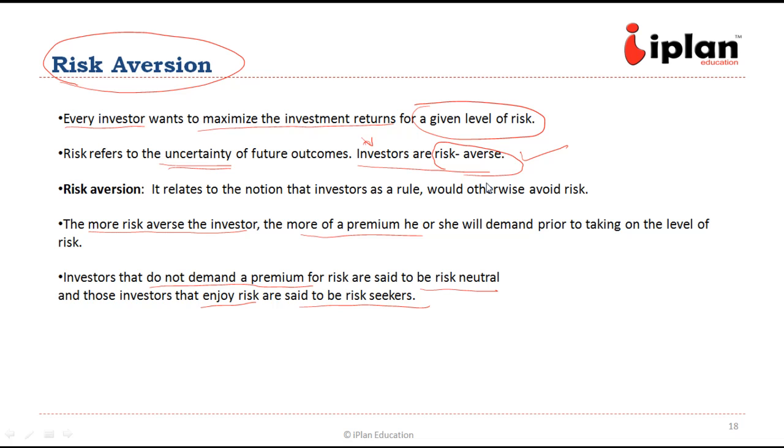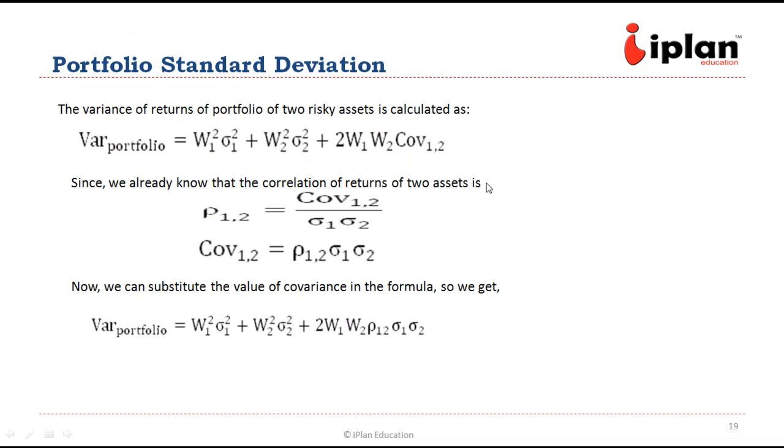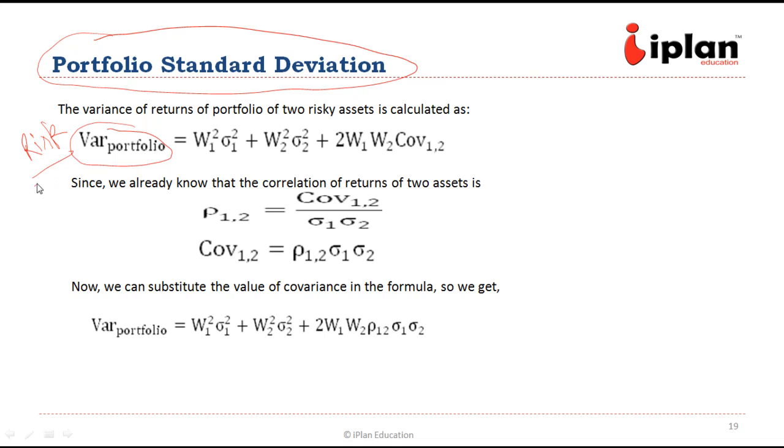The portfolio standard deviation. Now we study how the risks of two assets interact with each other and how they impact the variance of the portfolio, or the risk of the portfolio. We measure the risk in terms of variance or standard deviation of the portfolio.